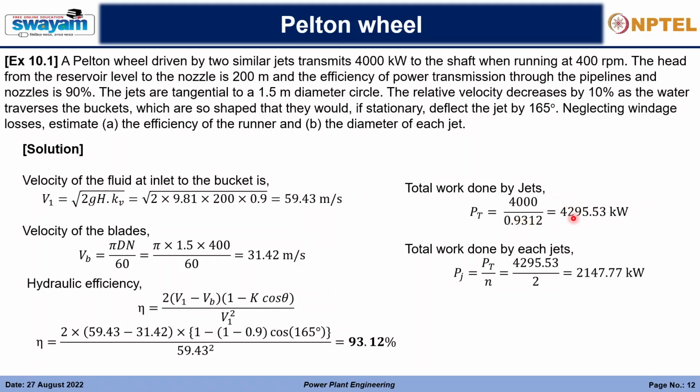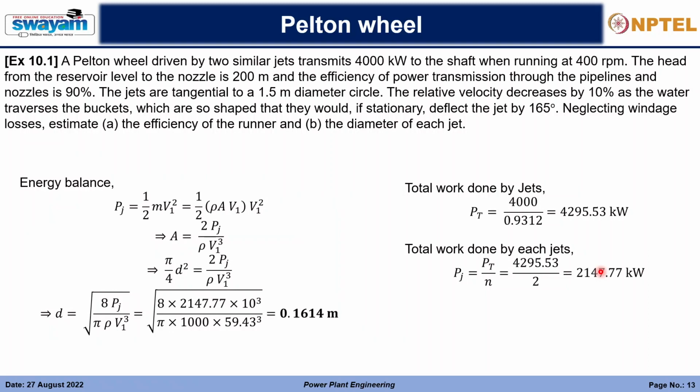This is the amount of kinetic energy coming out from all the jets combined. Since we have two similar jets, we divide the whole power by 2, and each jet has a kinetic energy of this much power.